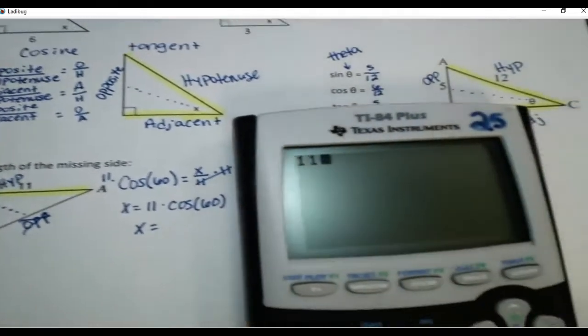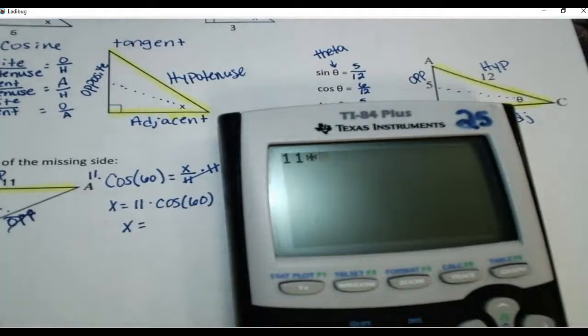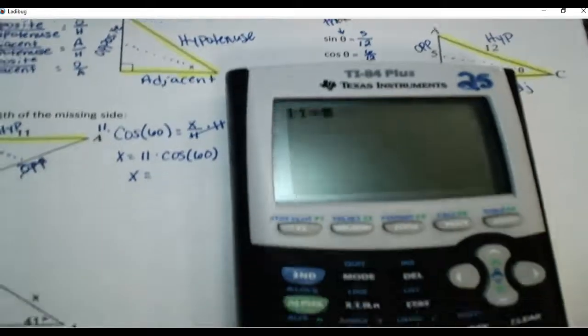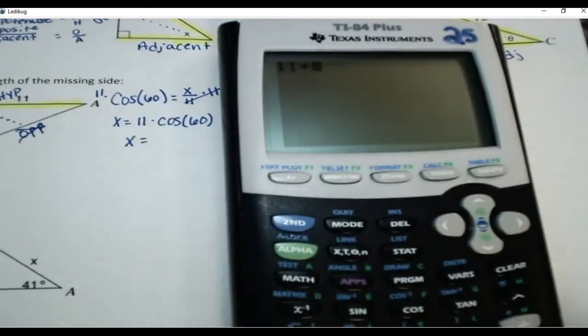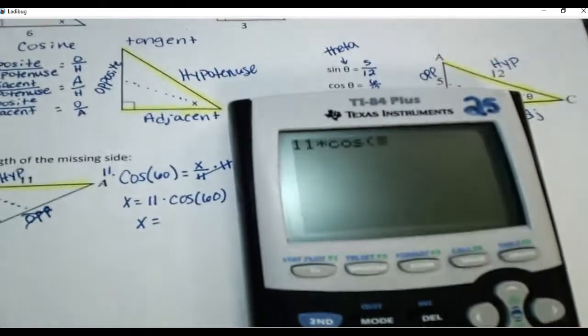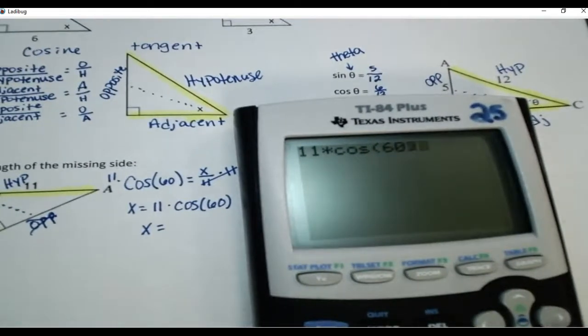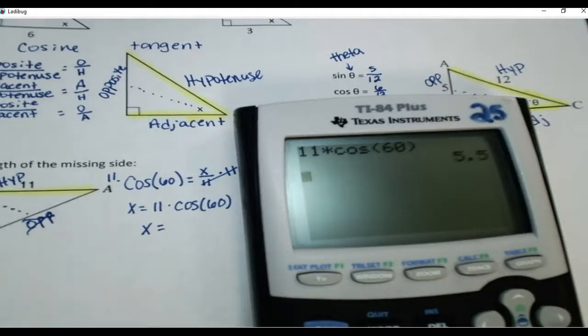11 times cosine, which is right above the parentheses, 2 above the 8. 60. 5.5. Questions on that? Anybody not get that? If you didn't get that, make sure you're in degree mode.